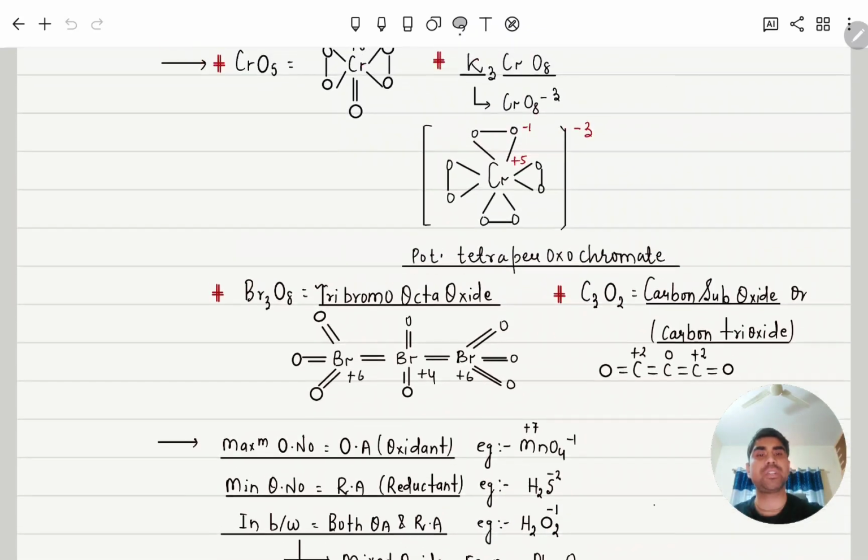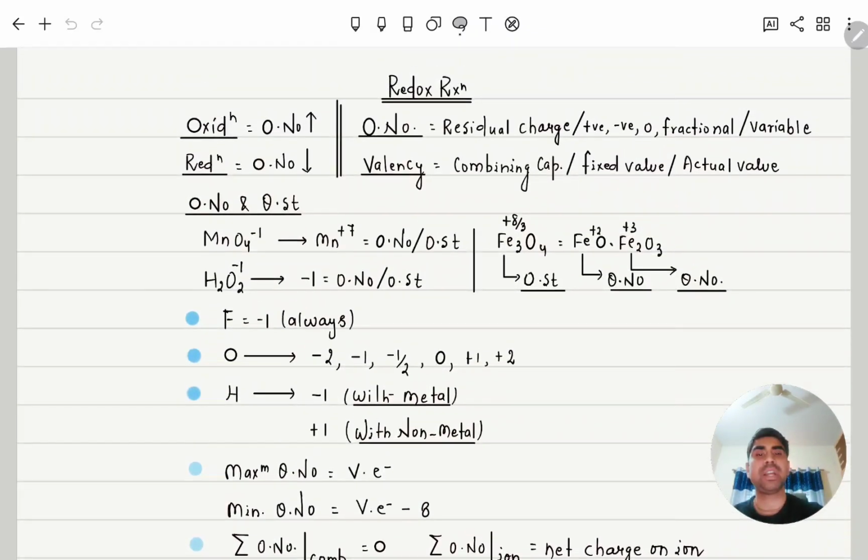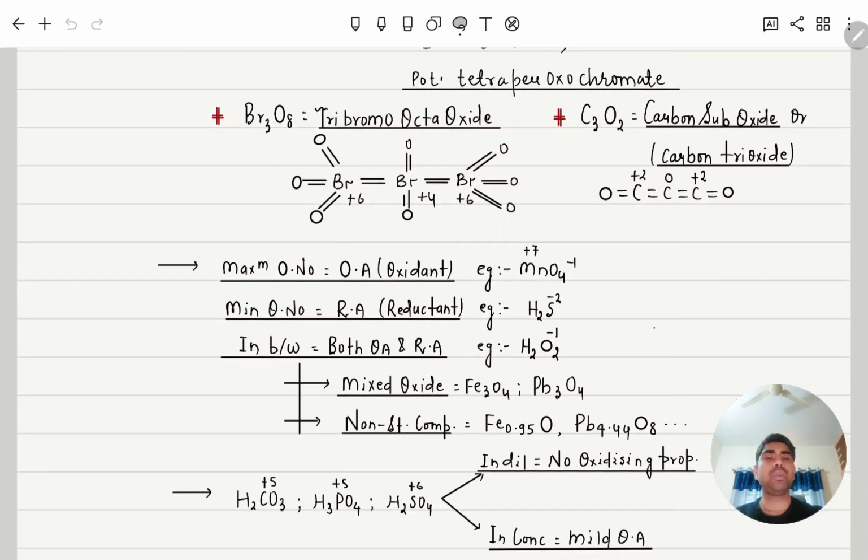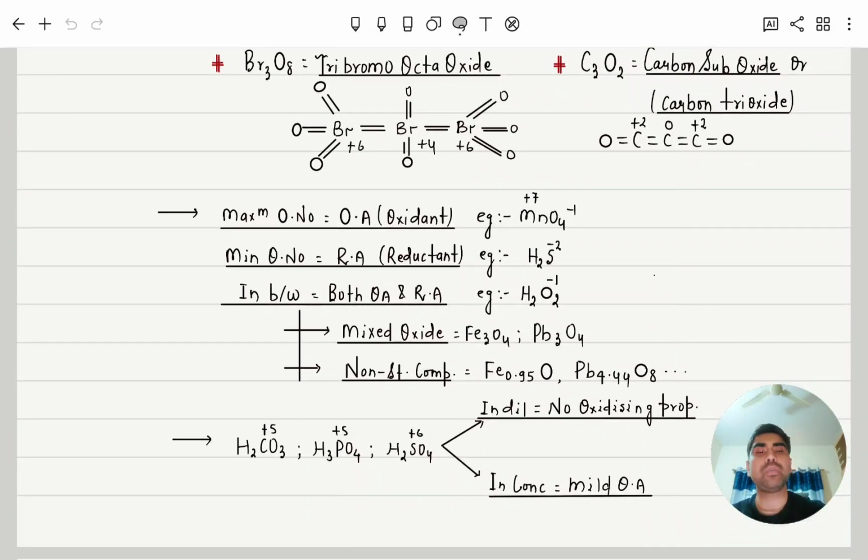Already we discussed that in Fe3O4, FeO is there along with Fe2O3. Similarly Pb3O4 has 2 PbO and PbO2, so it forms Pb3O4. Similarly, non-stoichiometric compounds also.